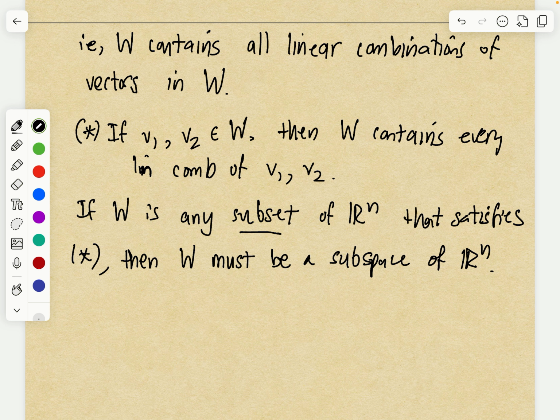Because V1 plus V2 and CV1 are linear combinations of V1 and V2.